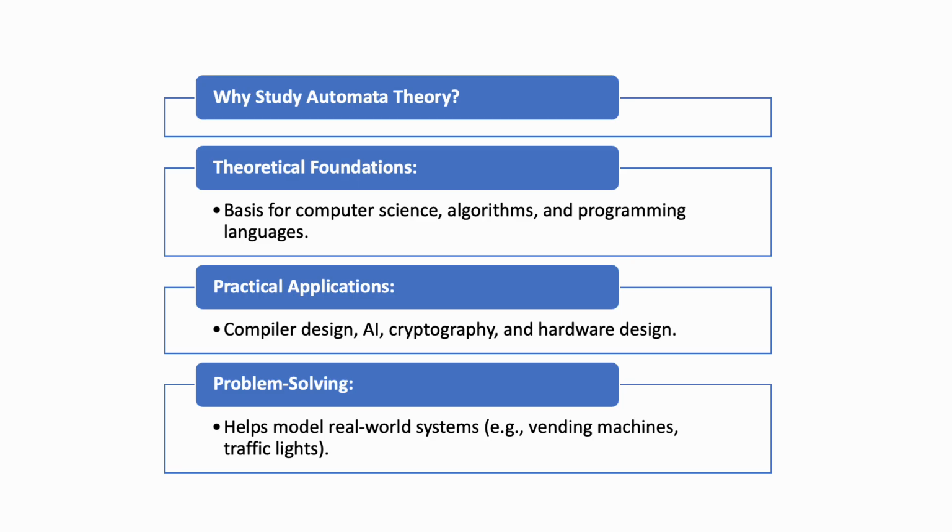Quantum cryptography is an area, whereas quantum applications in artificial intelligence is another area that we'll be looking into in quite some depth. Problem solving helps model real-world systems such as vending machines and traffic lights. Now let's look into vending machine automata, how it works, in a story fashion to understand it in more depth.